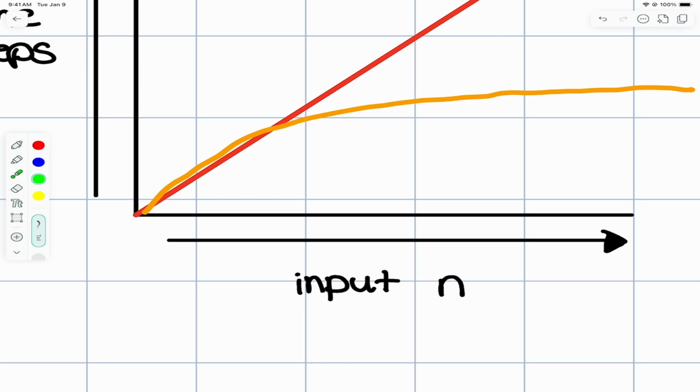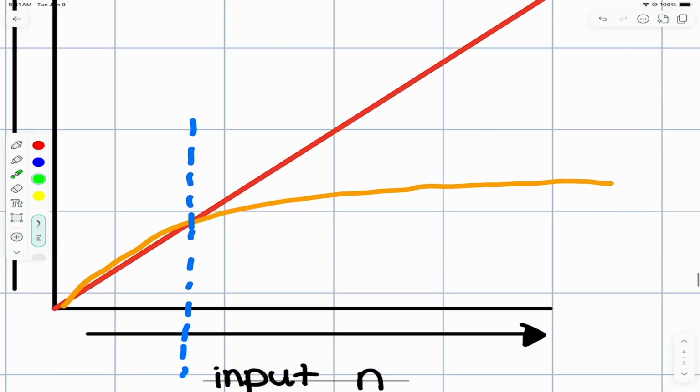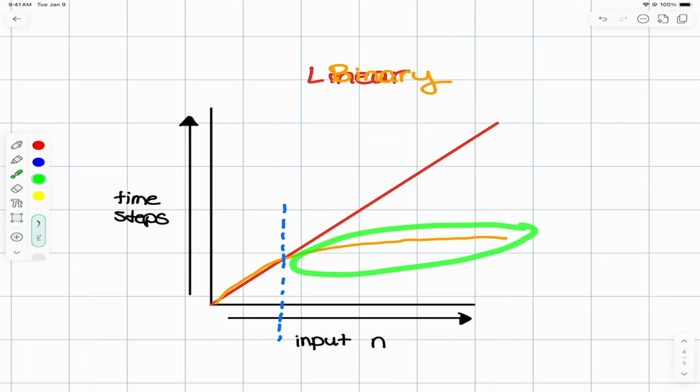But what we do see is at a certain point in time, our binary search, right here, begins to dominate in time, and there's just no looking back. Now, I'm not going to get into the formal definitions of our asymptotic notation. That is something that you will see in future years. However, this is the key point.